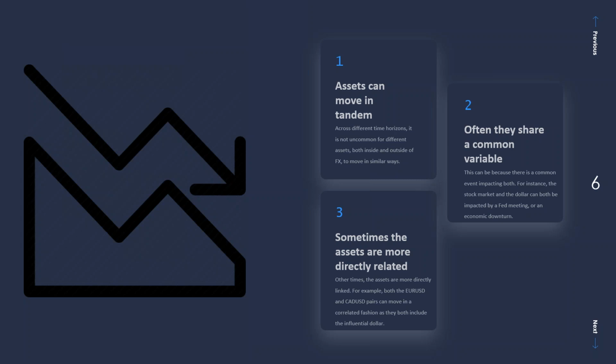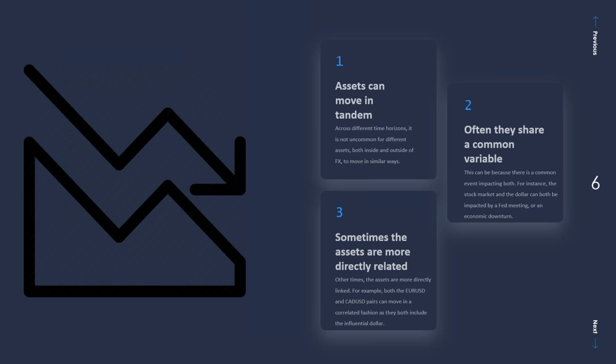But you have to be comfortable with that idea. For those things to be related, they have to share some type of common variable. Maybe there's an event impacting both. Maybe these are two things that haven't always correlated, but something recent has happened that impacts them both the same.